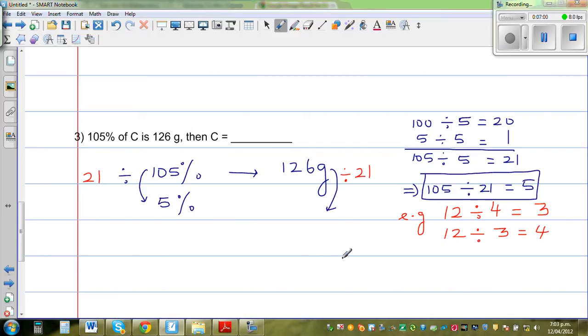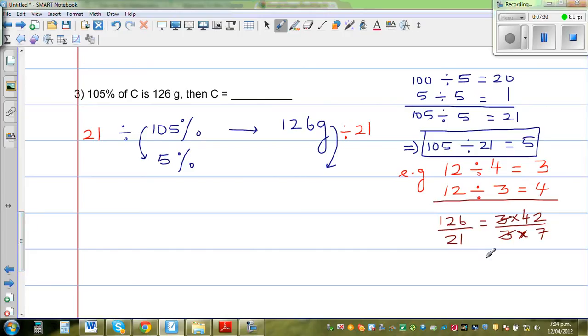Let me do it without the calculator. Let me show how I can divide 126 by 21. 126 is divisible by 3, so this is 3 times 42 divided by 3 times 7. The 3 and 3 get cancelled.